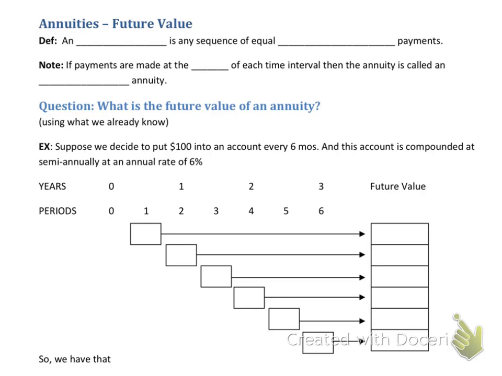So let's start with some terminology, shall we? Annuities. An annuity is any sequence of equal periodic payments. So we're making the same sized payment at regular intervals. If the payments are made at the end of each time interval, then the annuity is called an ordinary annuity.